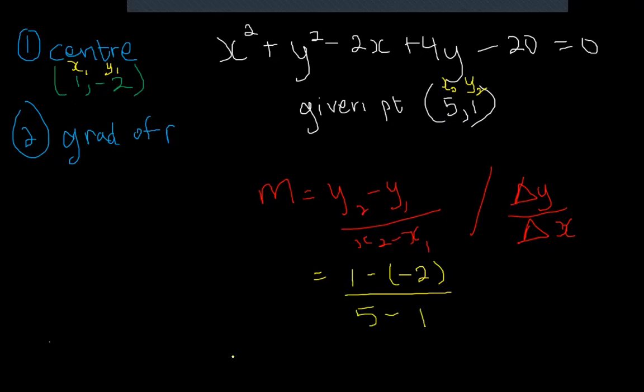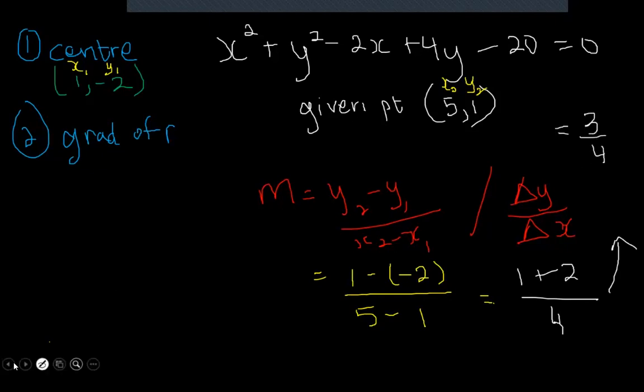So that's 5 minus 1. 1 minus minus 2, that's the same as 1 plus 2, because a minus and a minus is a plus. We know that. And 5 minus 1 is 4. So now what we have here, 1 plus 2 is 3, over 4. And this is my gradient for R.